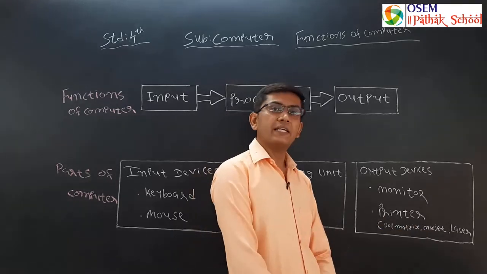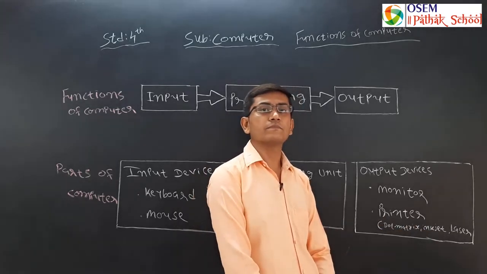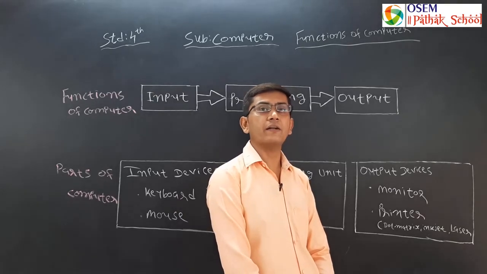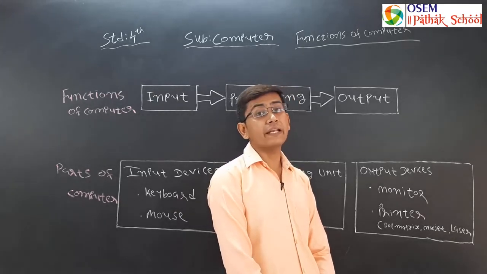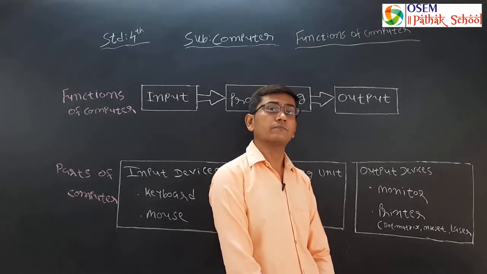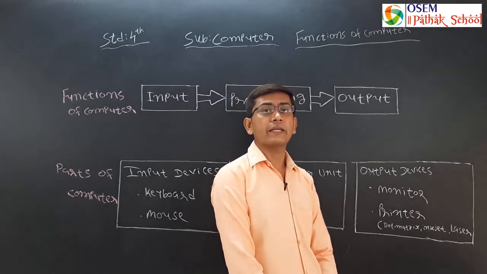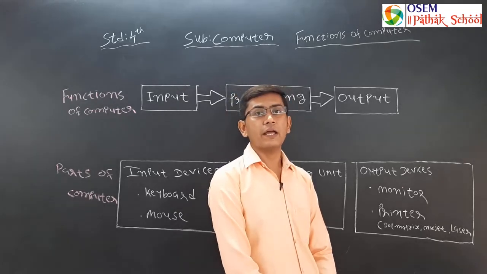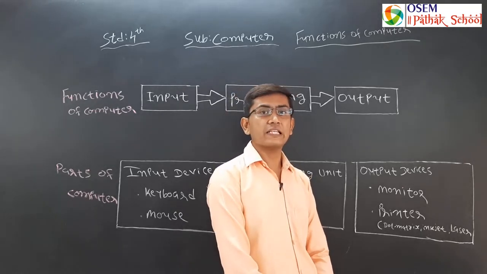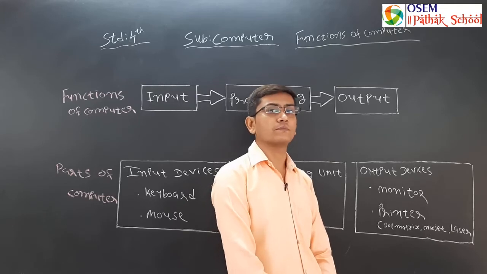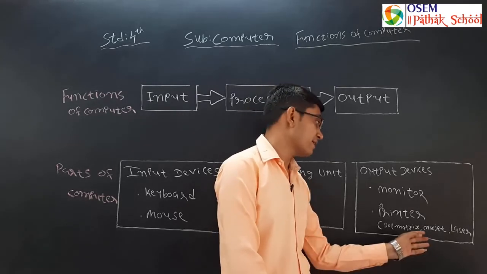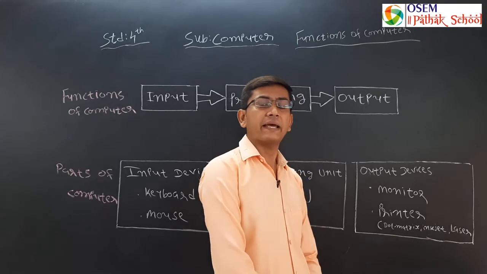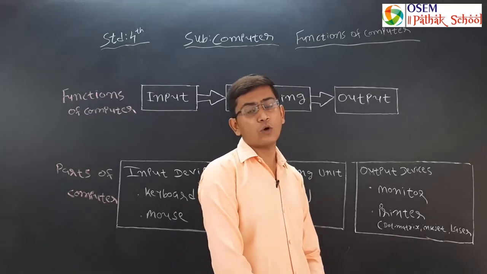The second type of printer is the inkjet printer. In an inkjet printer, the head has many tiny holes on it, and ink is sprayed out of these holes when any word or picture is printed on paper. Inkjet printers are available in black and white as well as color.